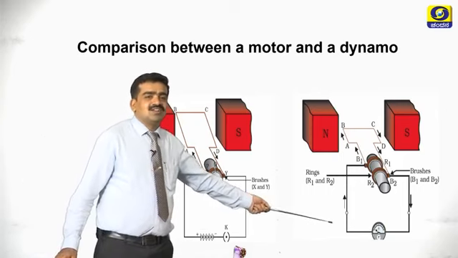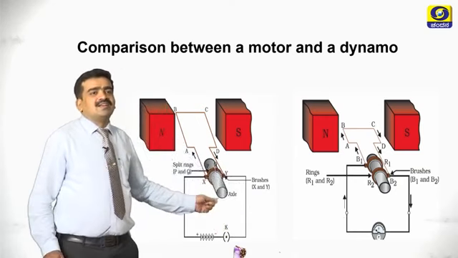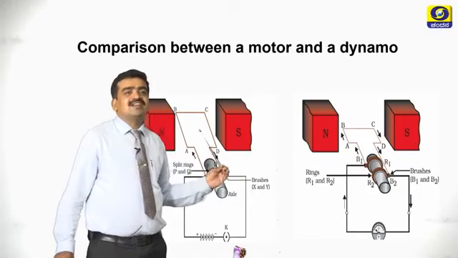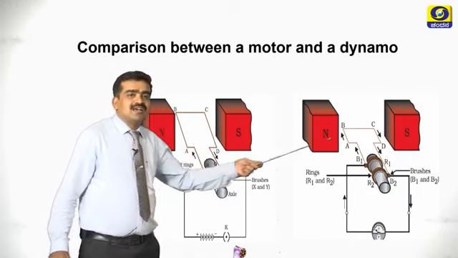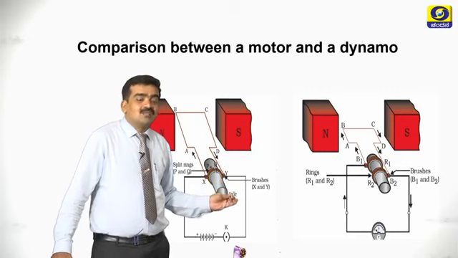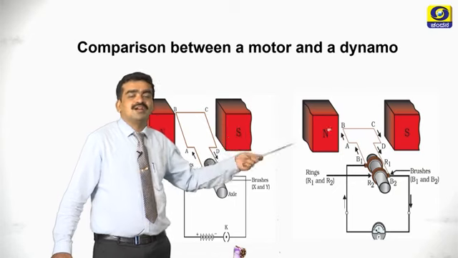Here it is a generator or dynamo because of the galvanometer. In both diagrams you see N and S magnetic poles, the rectangular coil ABCD, copper rings and carbon brushes. These are the similarities between a motor and a dynamo.